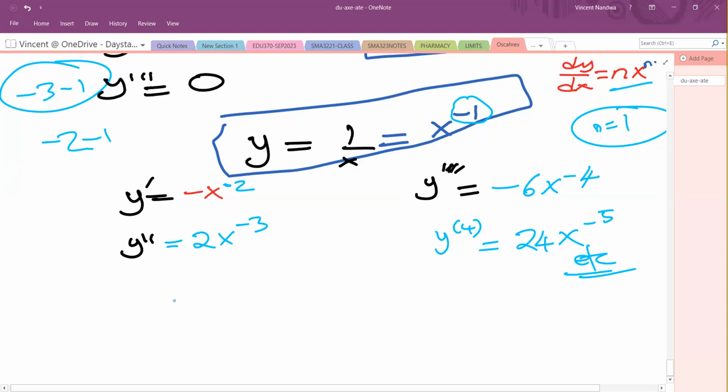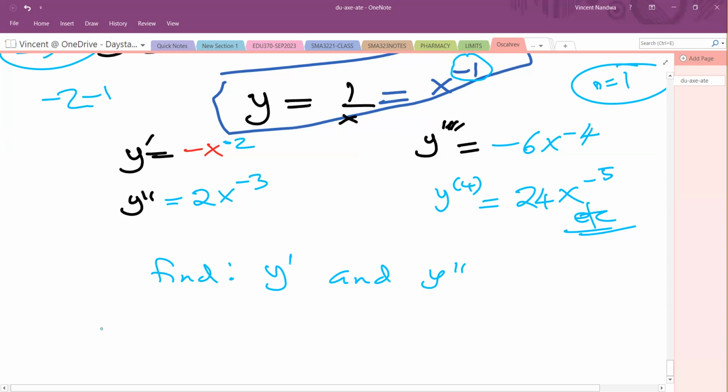I want you to try this. Find y prime and y double prime given y is x squared plus 10x, raised to power 20.